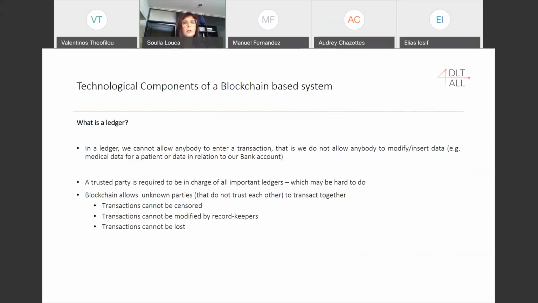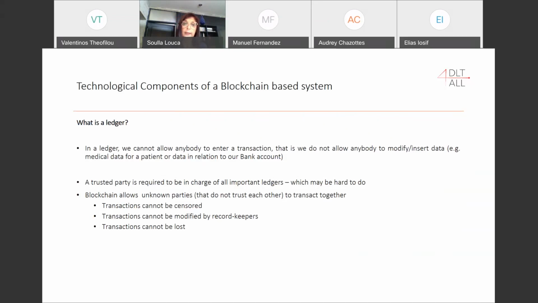In a ledger, we cannot allow anybody to enter a transaction. So that is why we do not allow anybody to be able to modify the data. Imagine our medical records. What if anybody could have access to our medical records or to our bank accounts, as a matter of fact, and be able to modify our bank accounts and the data that is there?